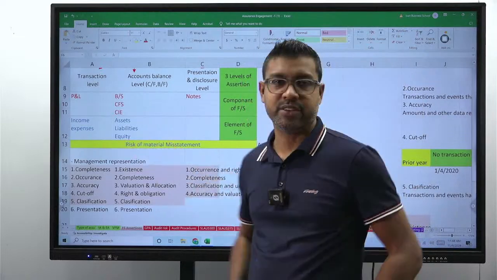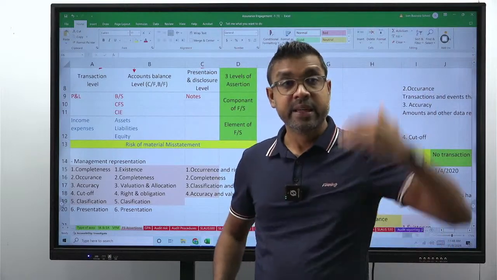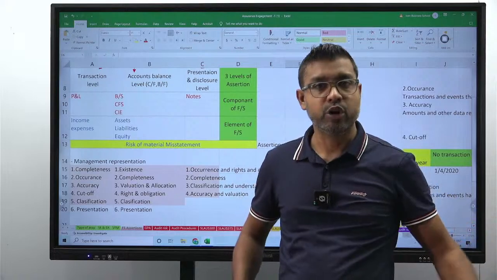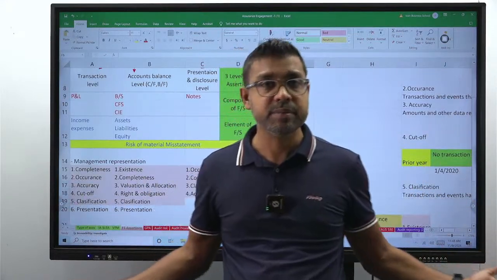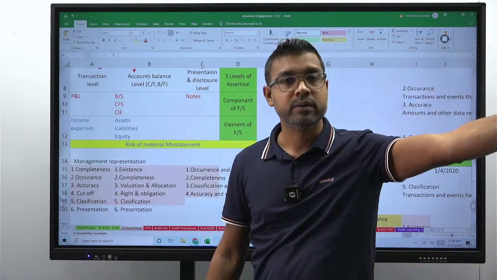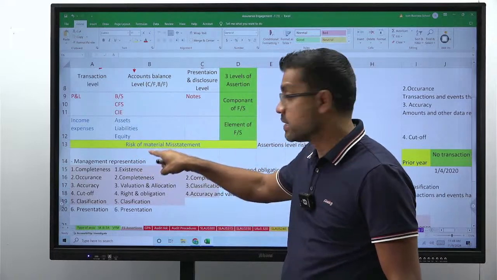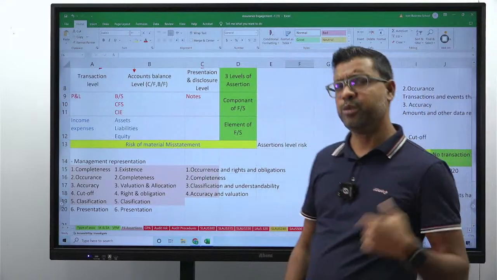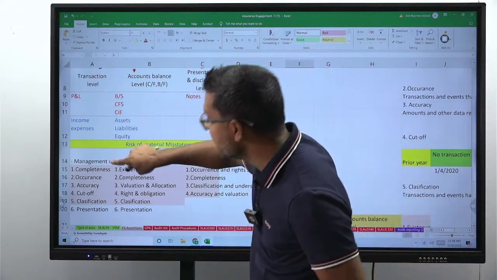That's their representation. If it is not the case, let's say there are certain transactions that should have been recorded but have not been recorded, let's say impairment. There are impairments, but impairment loss has not been recognized. Should have been recorded, have not been recorded. Meaning, there is always the risk of material misstatement. What do you mean by material misstatement? Fraud or error relating to these assertions.